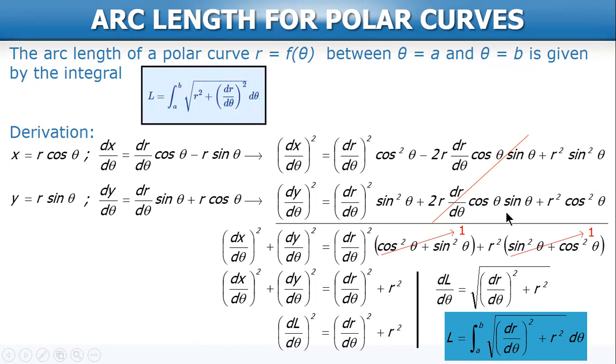So if you encounter a certain problem, the equation of r is given. Next, you differentiate r with respect to theta, and then you substitute, and therefore you can use techniques in integration involving trigonometric functions. One of the common problems is finding the limits, theta equal to a and theta equal to b.